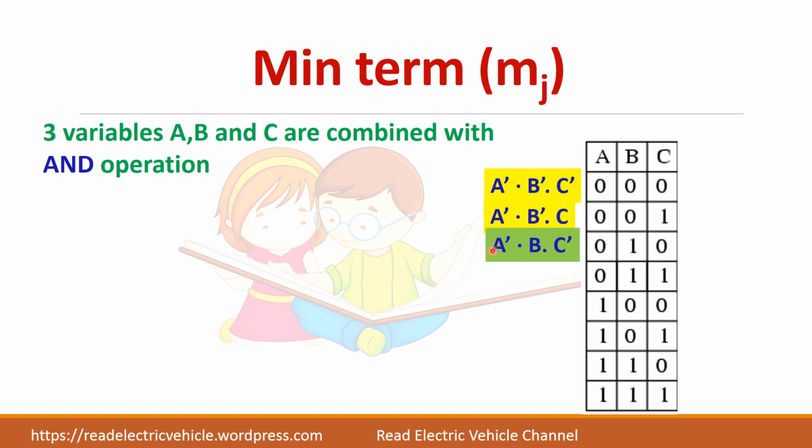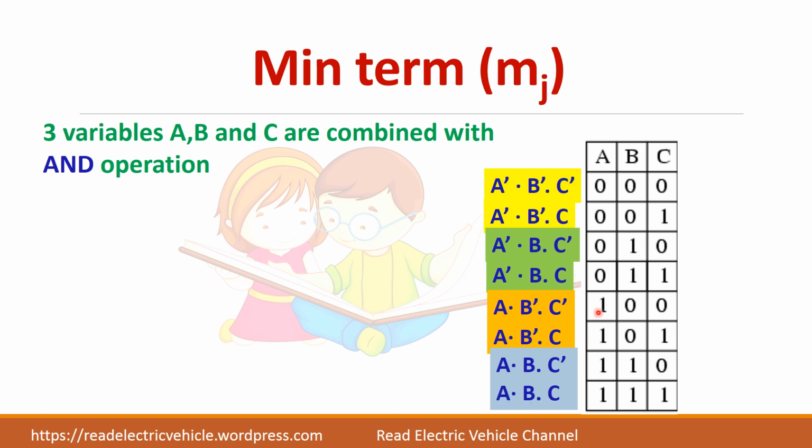Next A dash, here B, then C dash. Here A dash, B, C. Here A is 1, remaining 2 are 0. So A, B dash, C dash. So similarly you can write for everything.